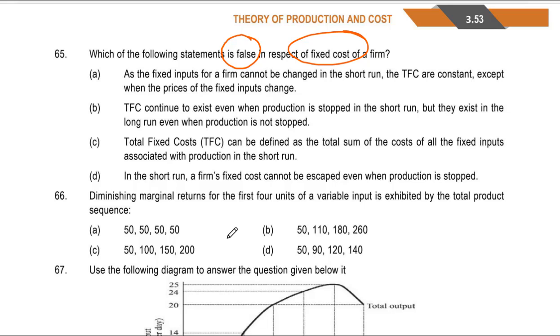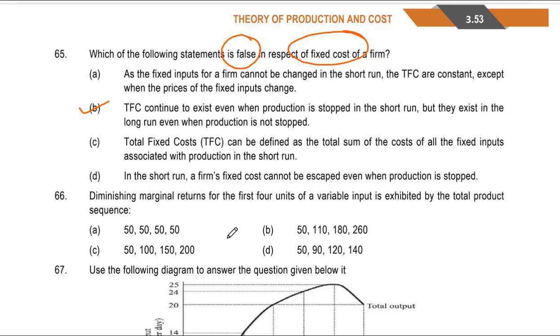B. TFC continue to exist even when production is stopped in the short run, but they exist in the long run even when production is not stopped. C. Total fixed cost can be defined as the sum total of cost of all the fixed inputs associated with production in the short run. Or D. In the short run, a firm's fixed cost cannot be escaped even when the production is stopped. Over here, the answer is B.